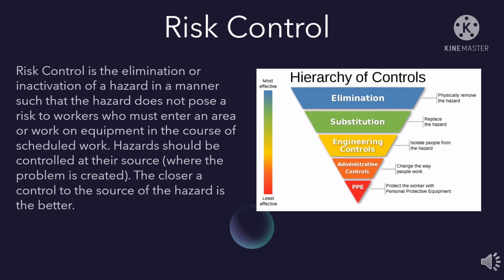And this is the diagram which shows the hierarchy of controls when we are controlling a risk or a hazard. The first step is elimination, which is the most effective one. The least effective one is to protect the workers with personal protective equipment.